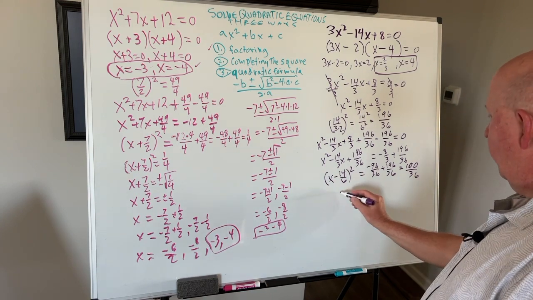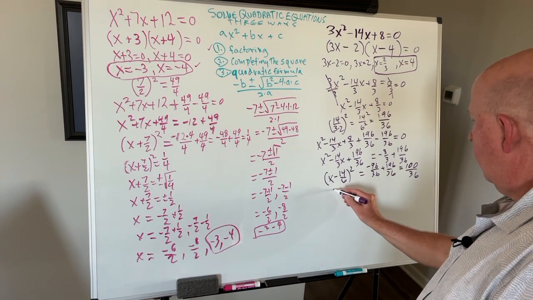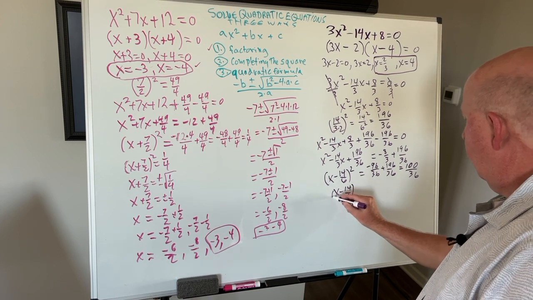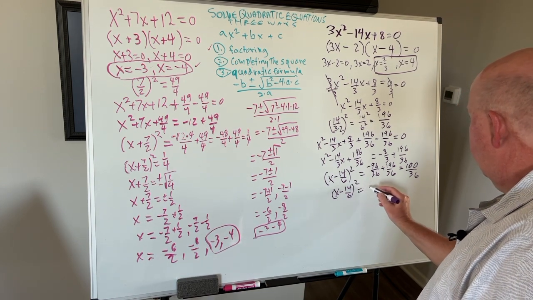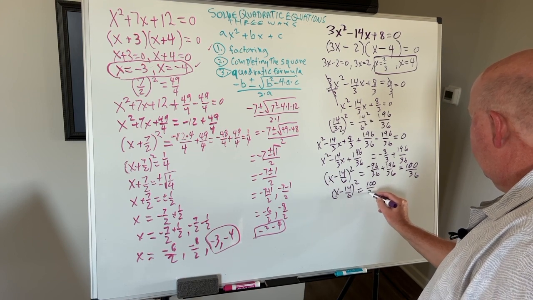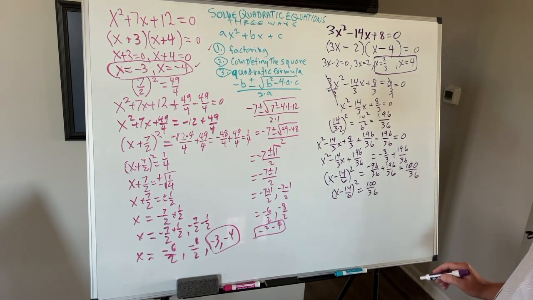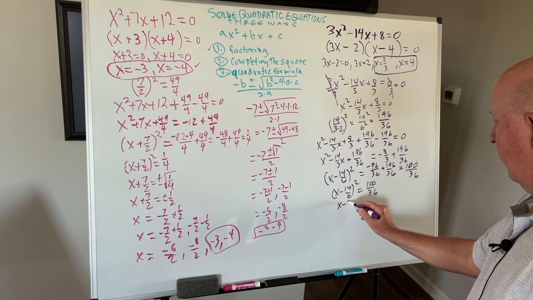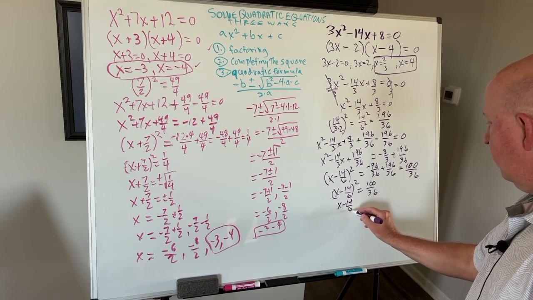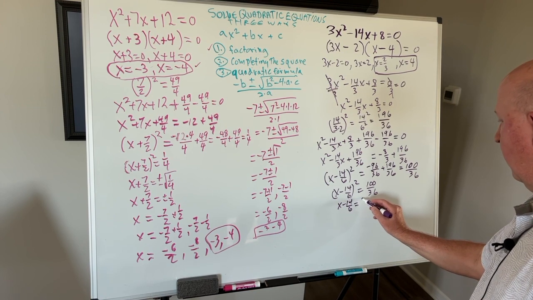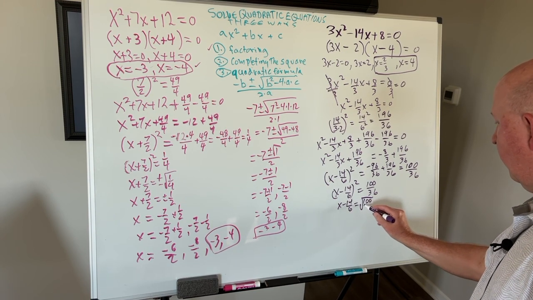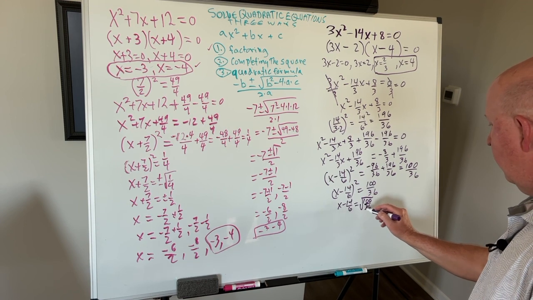So let me just write it back down again so it's a little more clear. Equals 100 over 36. So if I take the square root of both sides, I get x minus 14 over 6 equals plus or minus the square root of 100 over 36.